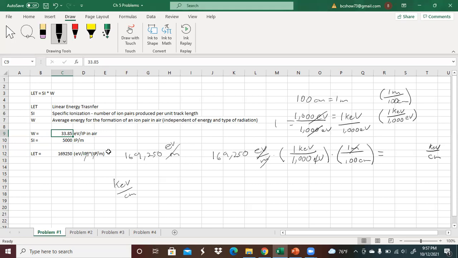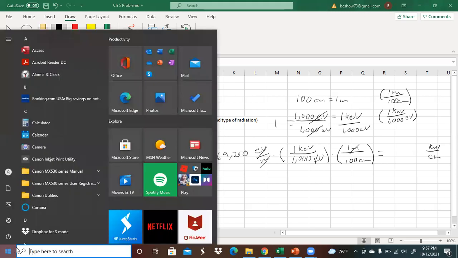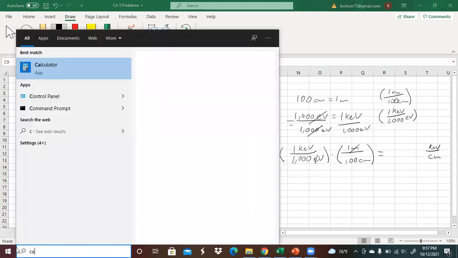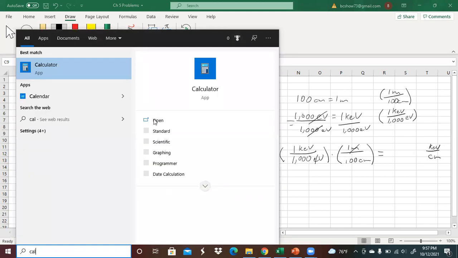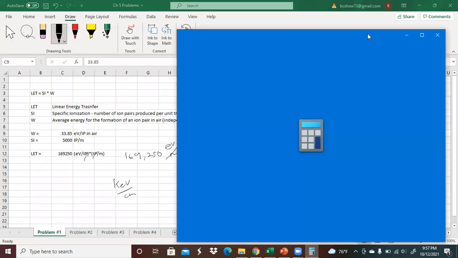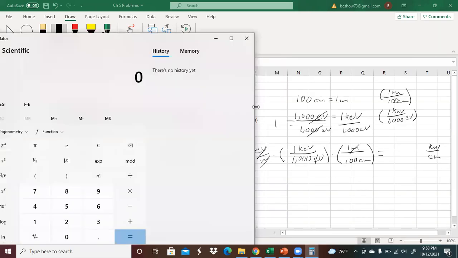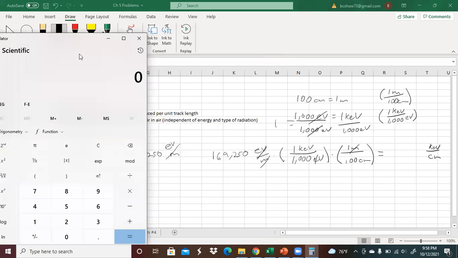Now, the answer, as it turns out to be, and I know some of you don't have Excel or don't feel too comfortable with it, so I'm going to call up the calculator here and we will use that instead. So I've got 169,250, and unfortunately I don't have enough room here. Let's see if I can squinch this up a little bit. 169,250, and I'm going to divide that by 1,000 and then divide that result by 100.